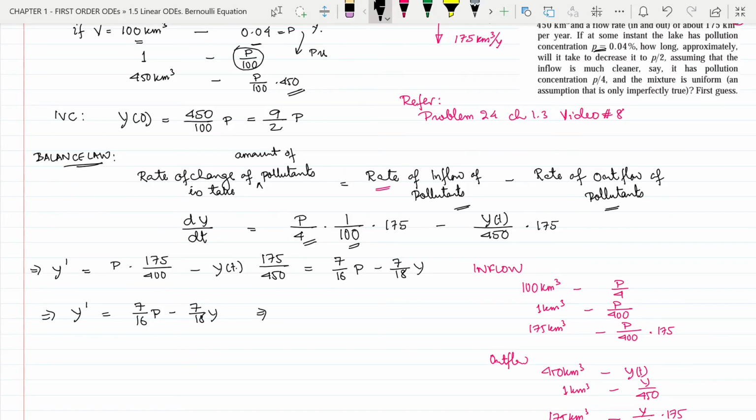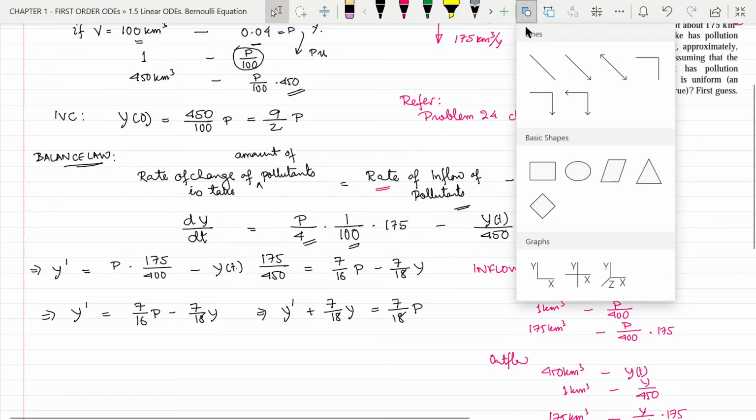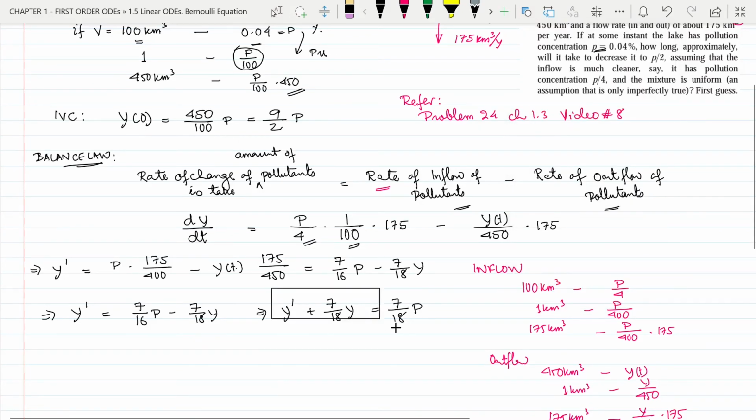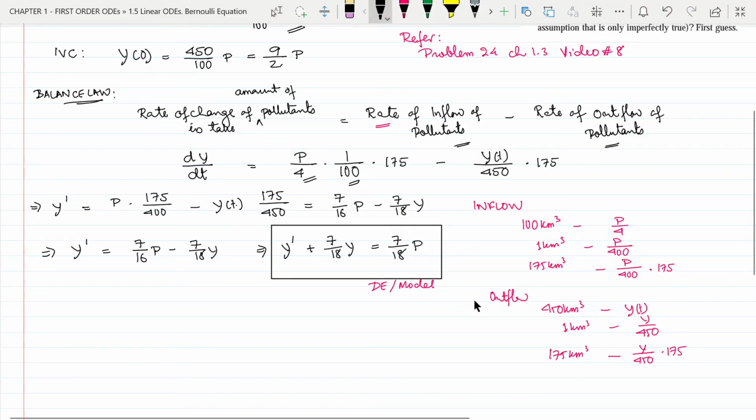Let us rewrite this in the standard form of non-homogeneous linear differential equation. That would be y dash plus 7 by 18y equal to 7 by 16p. And this is the differential equation or model of the system. Now let us solve the differential equation.